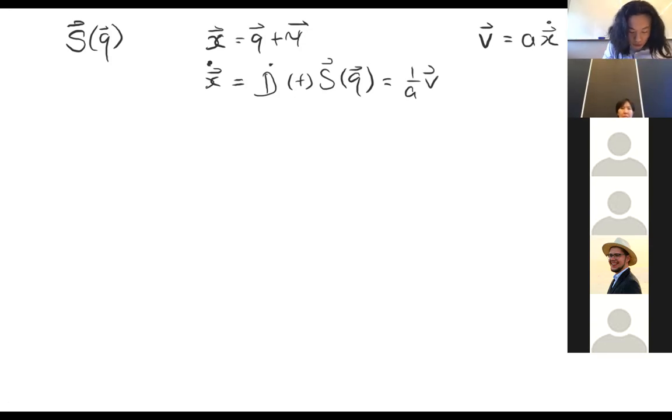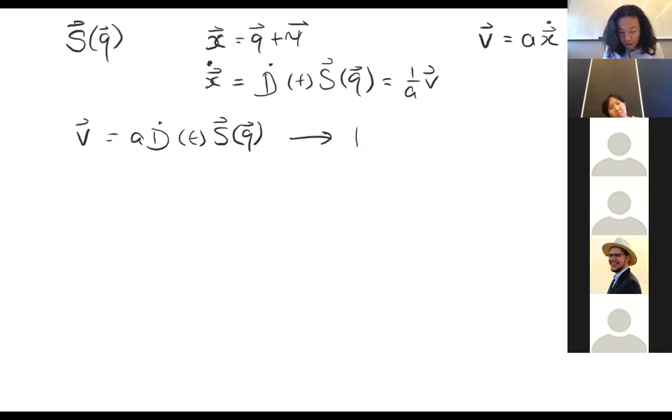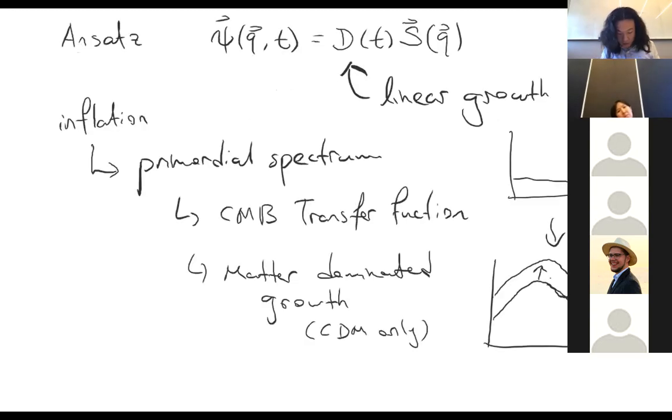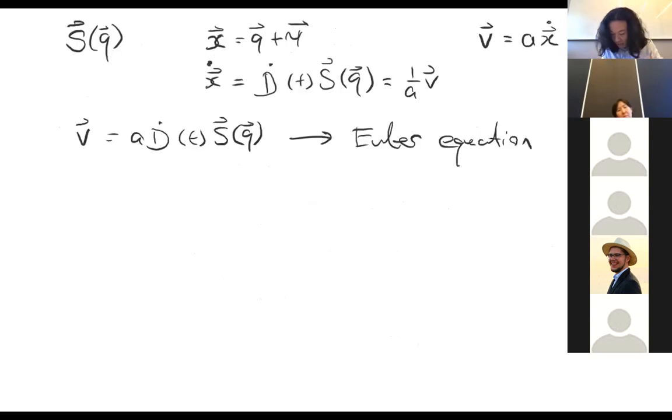So from this, we know that the proper velocity is given as a D dot S. You can put this into the Euler equation, which, if you remember, is in terms of v.